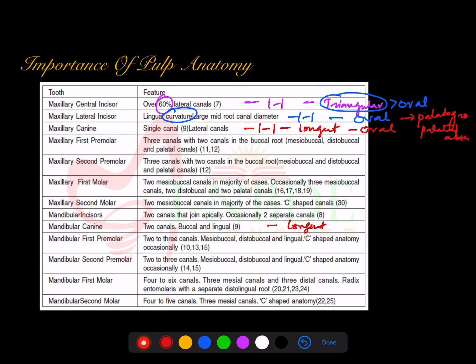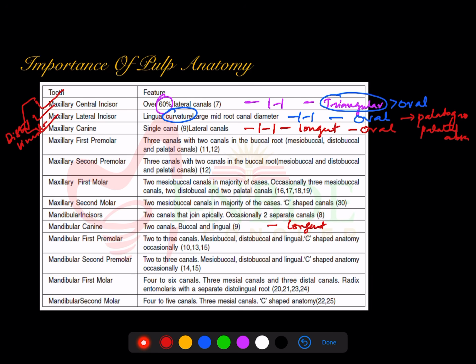Make a note, your maxillary canine has a distal inclination. All your maxillary lateral, maxillary central and maxillary canine have a bit of distal inclination. That's an important thing to make a note of.